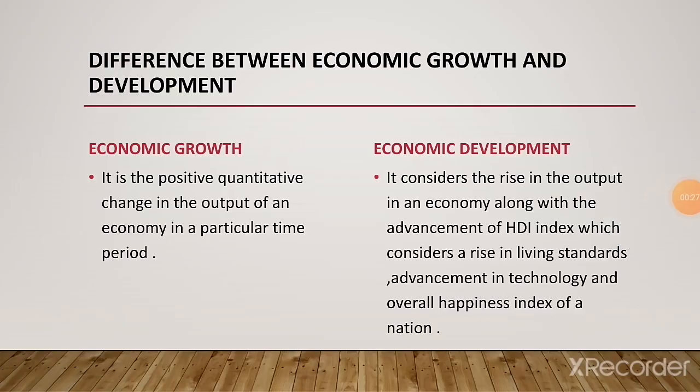Economic development considers the rise in the output of an economy along with the advancement of the human development index, which considers a rise in living standard, advancement in technology, and overall happiness index of a nation.